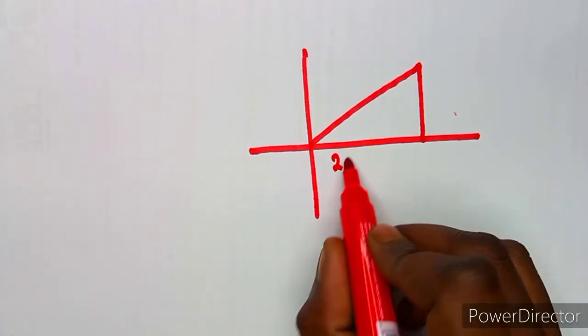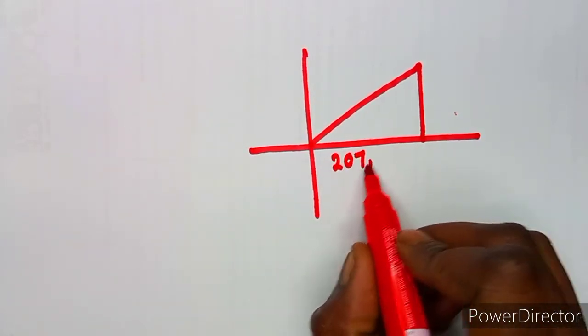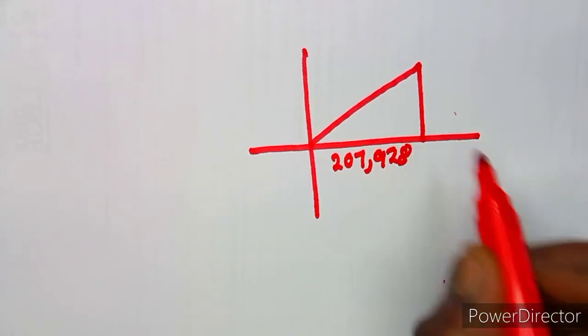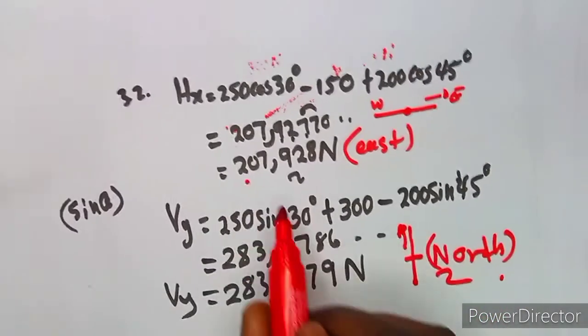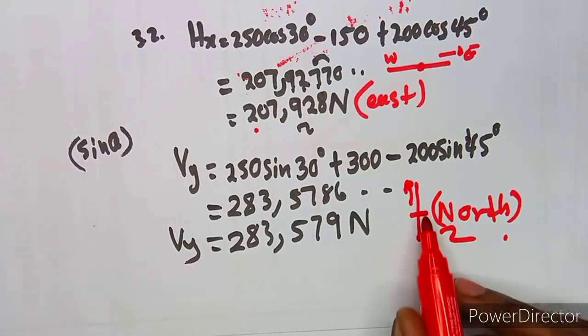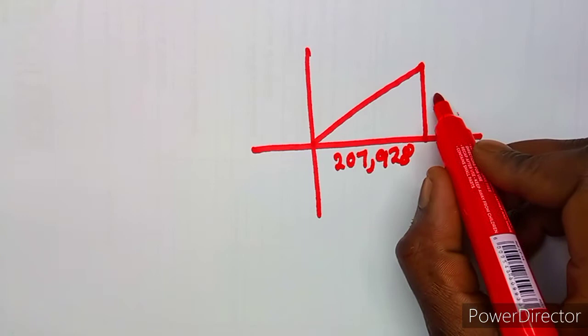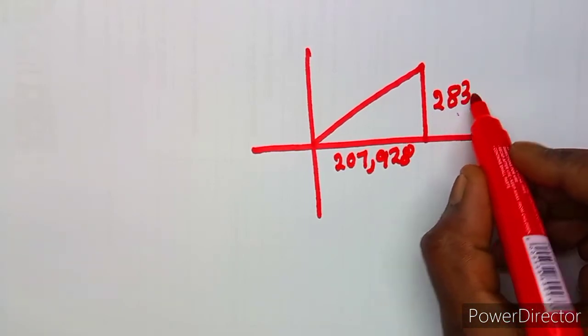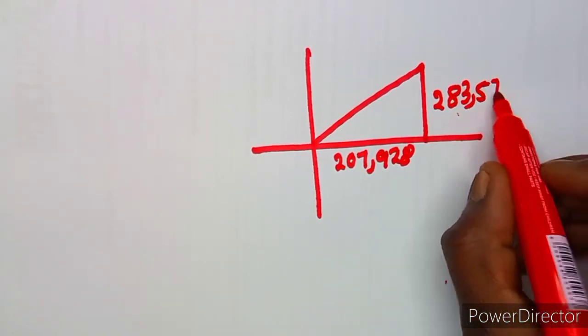So this is your 207.928, which is the horizontal. And your vertical, which is going straight to the north, is 283.579.